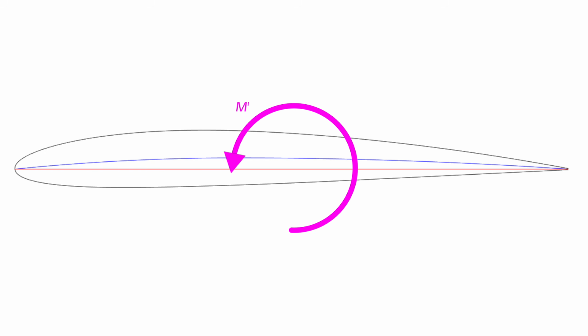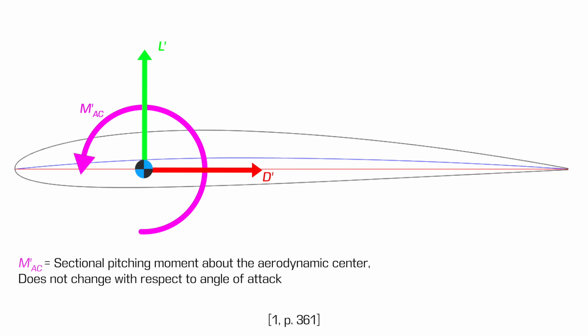As the name implies, the pitching moment will cause the airfoil to pitch upwards or downwards depending on where the moment is taken. In the process of aircraft design, the point at which the airfoil's force system is most convenient to express is at the Aerodynamic Center, which is the point along the airfoil's chord line at which the pitching moment is independent of the angle of attack.